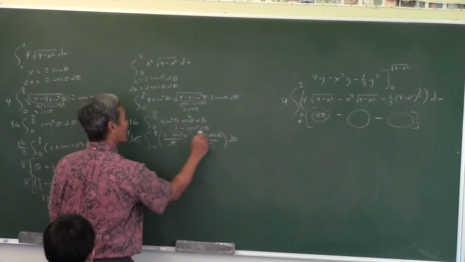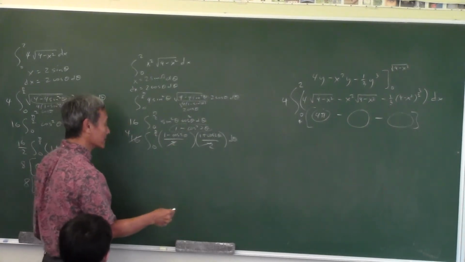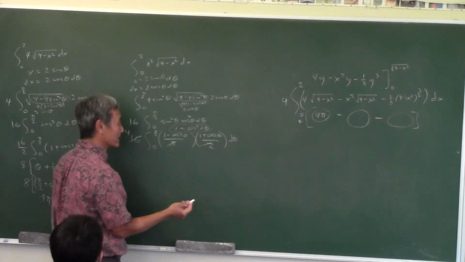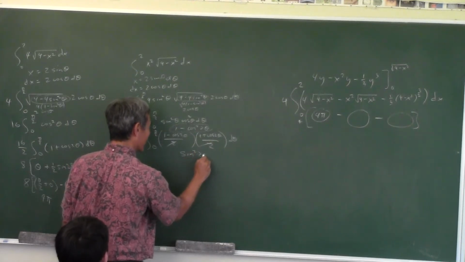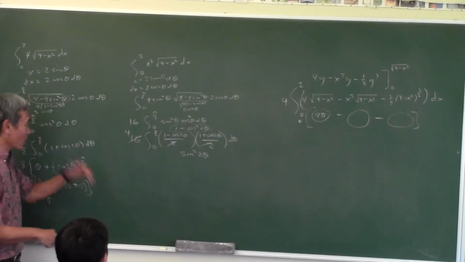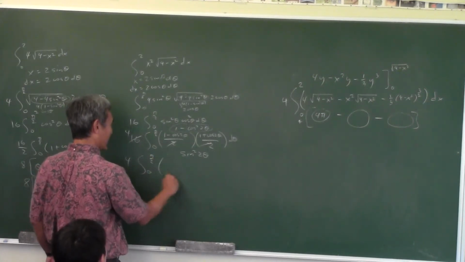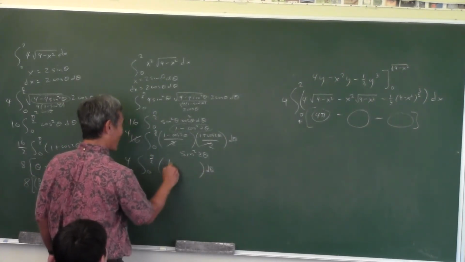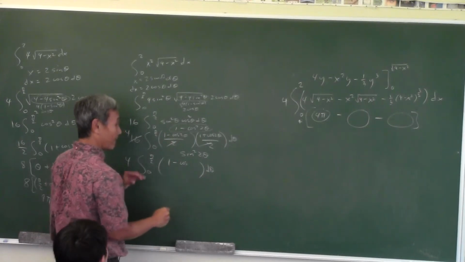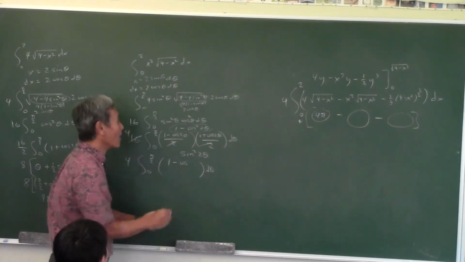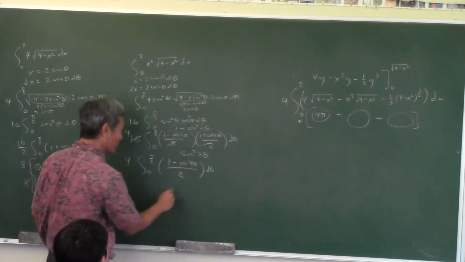What is 1 minus cosine squared? Pythagorean identity: sine squared 2 theta. And what's the only way in the whole world to integrate sine squared 2 theta? You have to use the identity 1 minus cosine 4 theta all over 2.